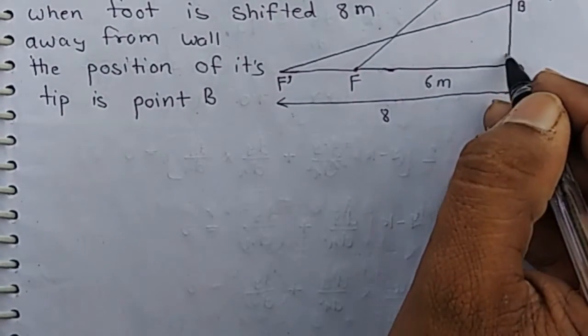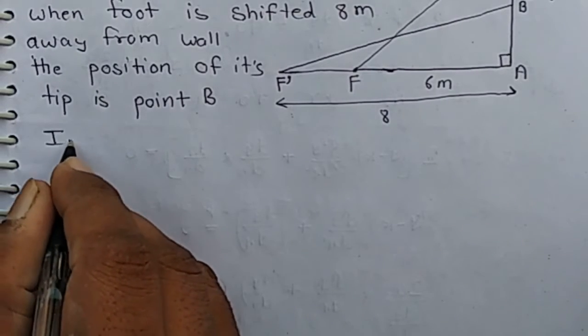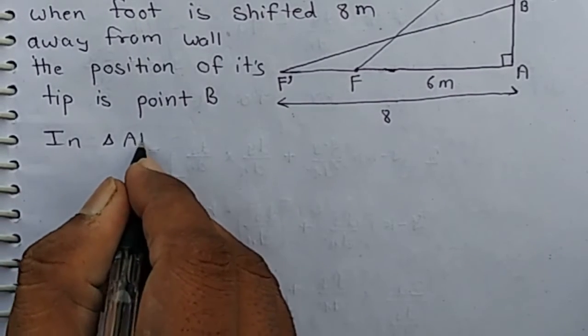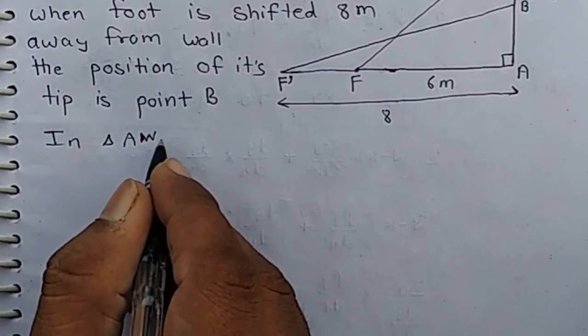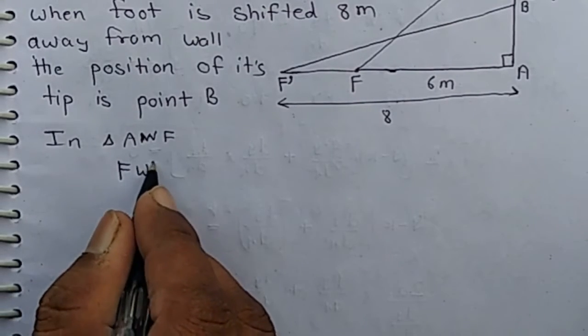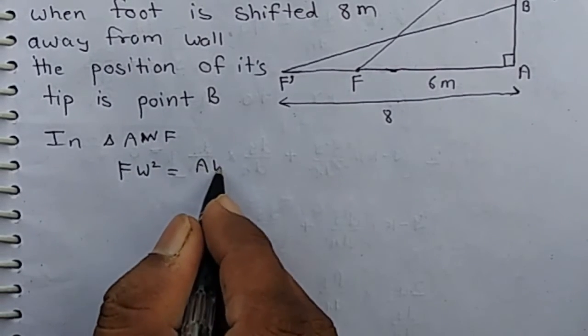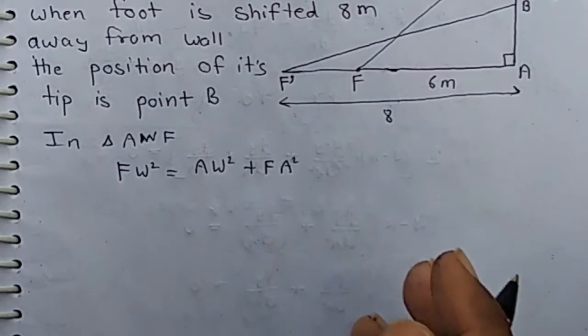Firstly, we take triangle AWF. In triangle AWF, we have FW square equal to AW square plus FA square by Pythagoras theorem.